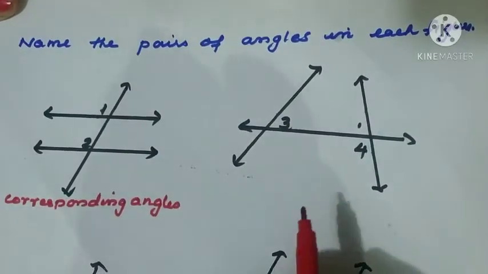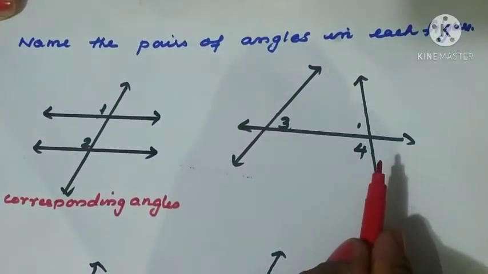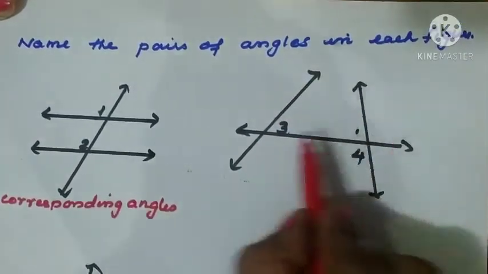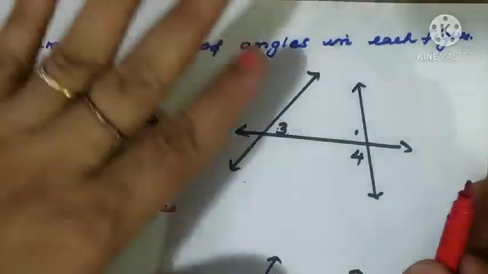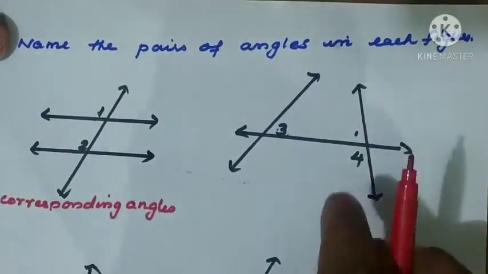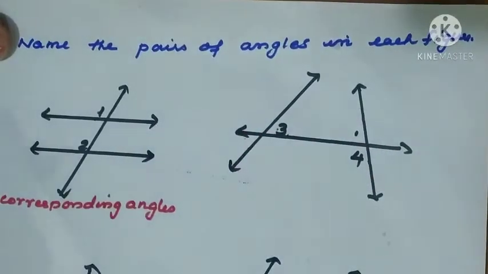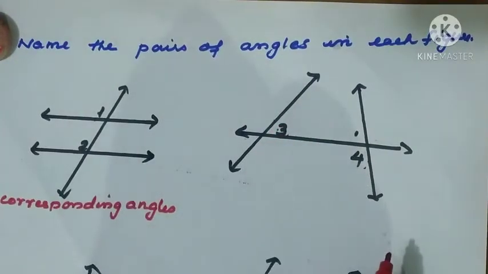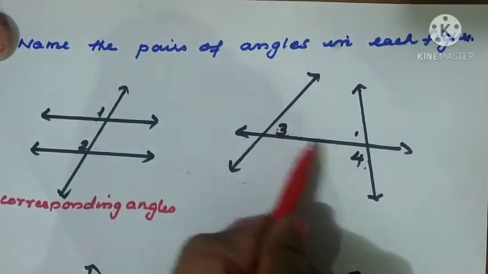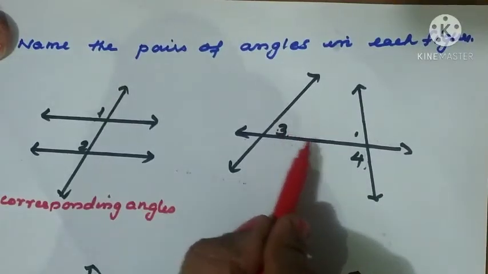Okay. Next question is 3 and 4. First of all, these are two lines cut by this line, that is the transversal, and 3 and 4 are inside the lines. So naturally they are interior angles. Now 3 is on this side, and 4 is on the other side. So here we can say that 3 and 4 are alternate interior angles.